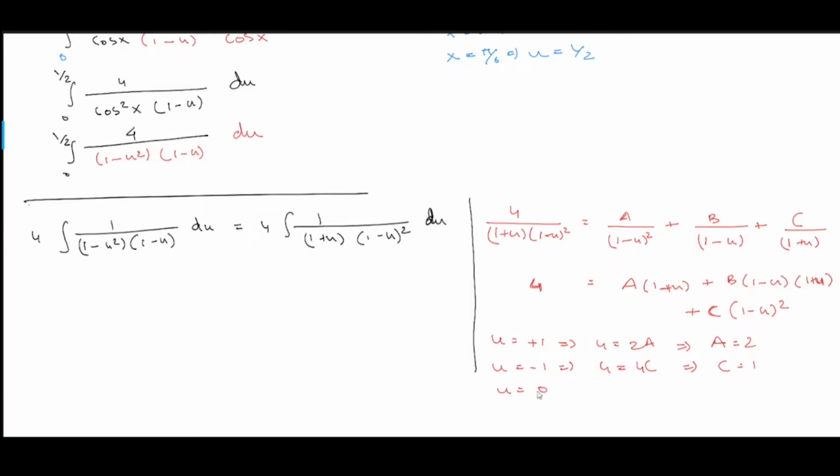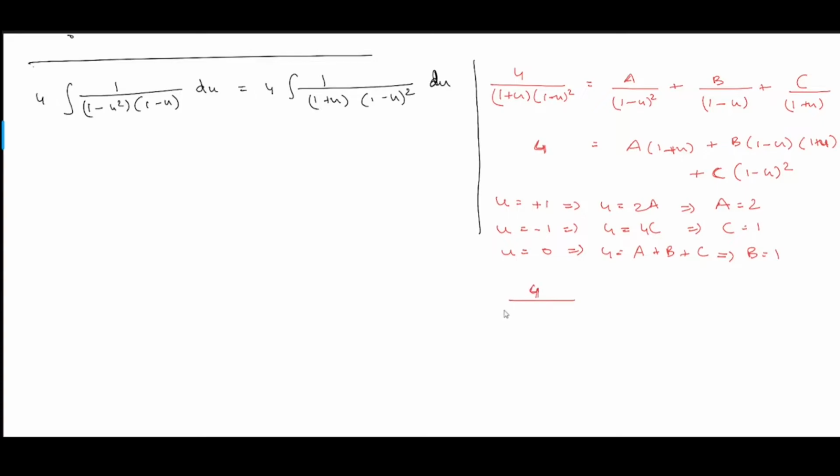And at last we put u equal to 0. There are three numbers, 0, 1, minus 1. I used 1 and minus 1 because some of my terms become 0. So if I put 0, I have 4 is equal to A plus B plus C, right? And A plus C is already 3, so we're going to have B equal to 1.